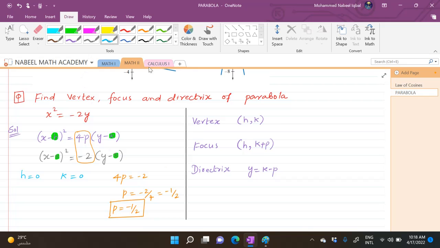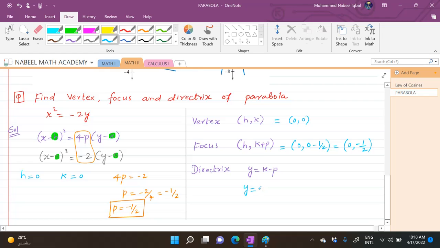You just have to substitute all the values here. So h and k is 0 comma 0, and the focus is 0 comma 0 plus p. p is nothing but minus half. So therefore it is 0 comma minus half. This is the focus. And y equals k minus p, which becomes y equals half. So this is the directrix.